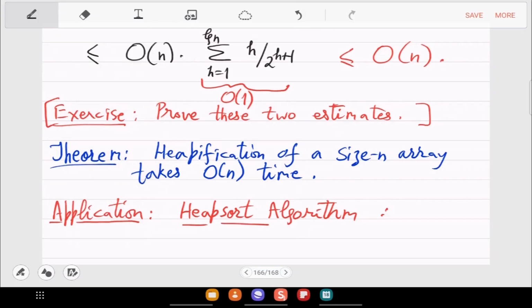You are given an arbitrary array of integers. You heapify, and after the heapification, extract min, then again heapify, and then again extract min. That will give you the sorted output.